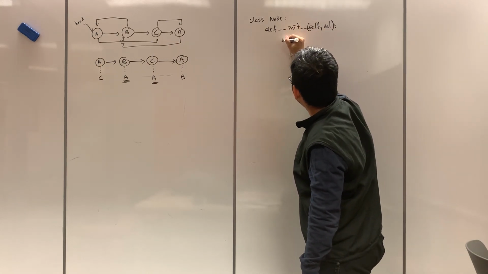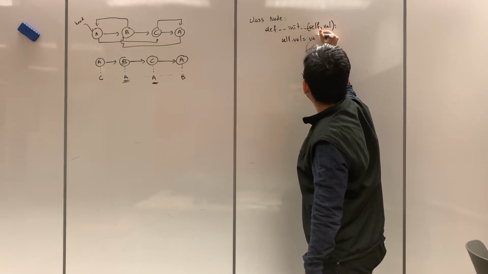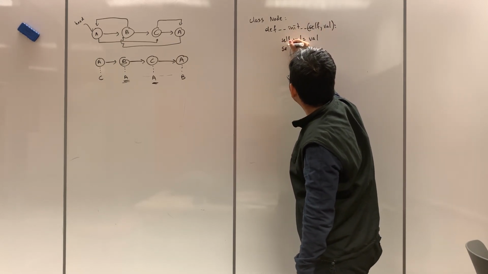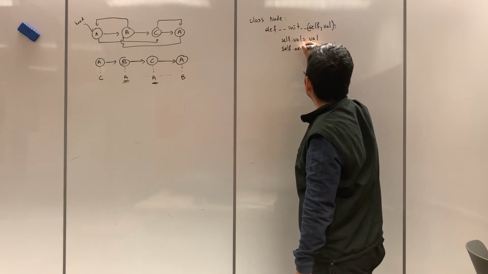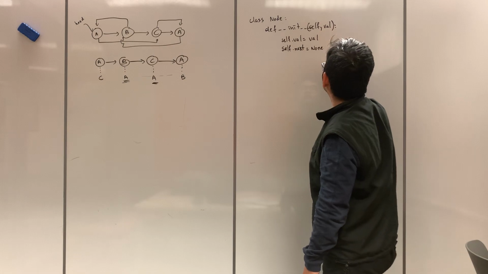One is self.value equal to value, and then one is self.next equal to None.